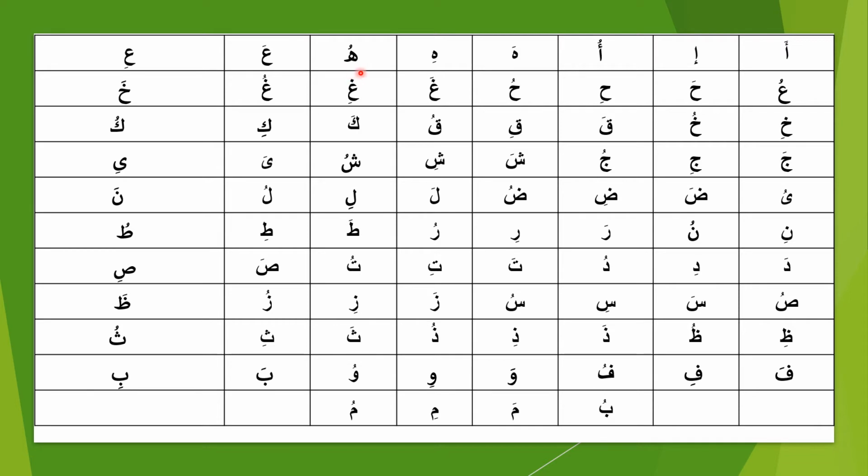I will put up a chart in upcoming videos to explain how these letters look when they are connected in the middle, the beginning, or the end, and so on. So let's just read a few of these. A, i, u, ha, hi, hu, ra, ri, ru, kha, khi, khu, fa, fi, fu, ka, ki, ku, and so on.